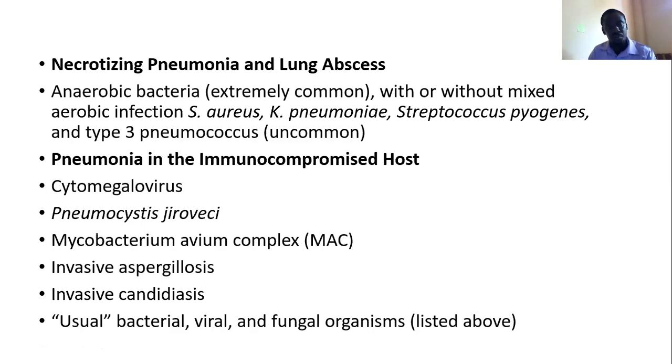Pneumonia of the immunocompromised host: we have cytomegalovirus. You realize that this is a virus, but it has been classified under pneumonia of the immunocompromised host. Then you have Pneumocystis jirovecii, which is common in those who have acquired immunodeficiency syndrome. We also have Mycobacterium avium complex, invasive aspergillosis, and invasive candidiasis.